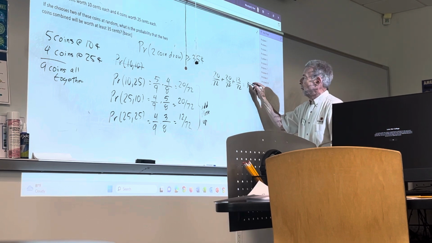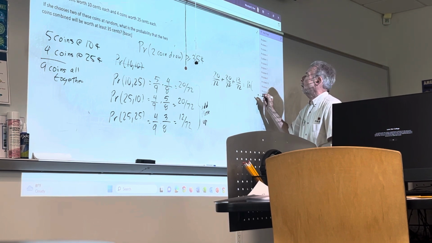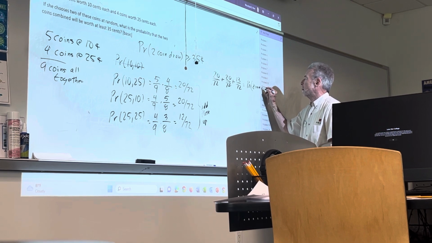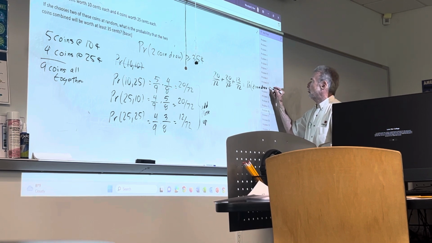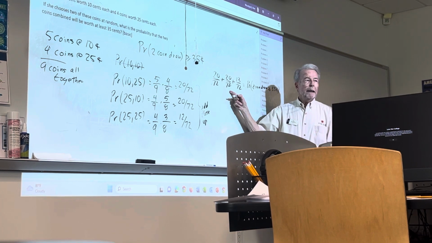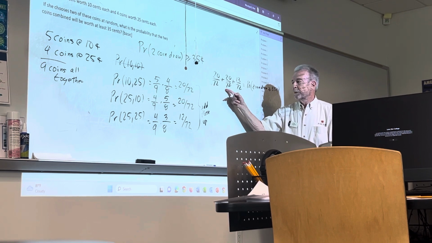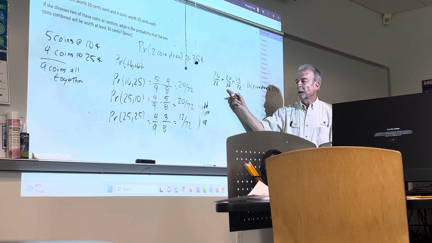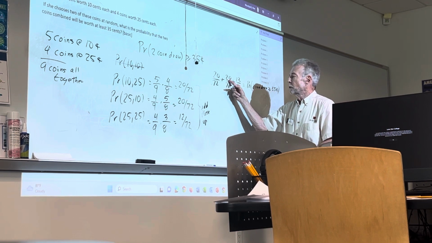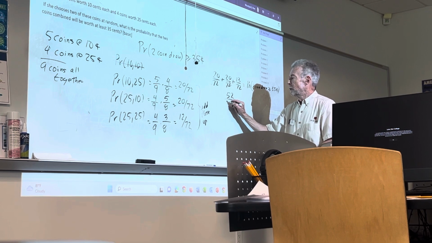And that's going to be the probability of a 2-coin draw greater than or equal to 35 cents. Well, we can add fractions that have the same denominator, and we're fortunate here that they all have a 72. So 20 plus 20 is 40, plus 12 is 52 over 72.